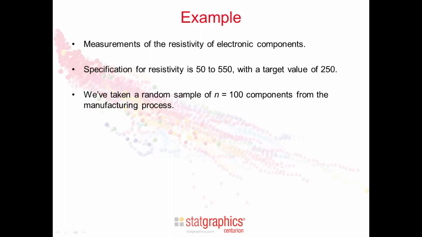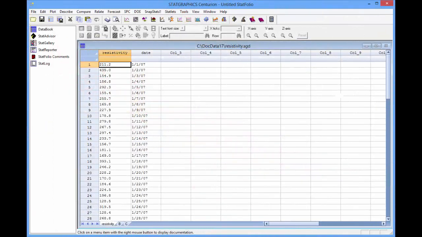We've taken a sample of 100 components from the manufacturing process, and we'd like to estimate how capable we are of meeting that specification. I've loaded the data into the Statgraphics data sheet. Once a day, a random sample was taken from the manufacturing process and the resistivity measured.